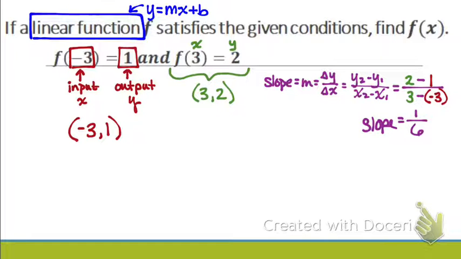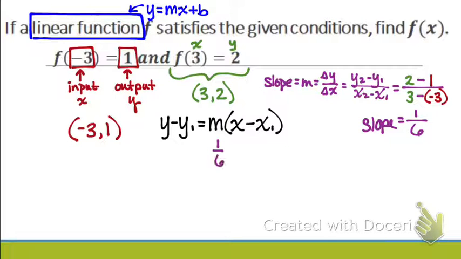From here, you can use methods that you learned in previous classes to find b, so you can write it in slope-intercept form. I tend to feel like point-slope form gives me the most straightforward way to substitute in. I know my slope is 1/6.